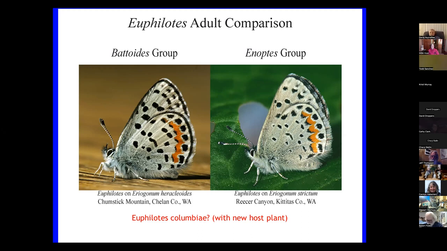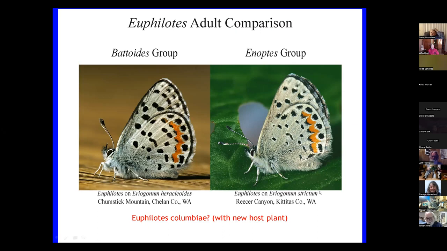And the interesting thing about it is the kinds of plants that the Anoptes group blues use are not present in that area. Those would be things like the northern buckwheat, the tall buckwheat, Eriogonum strictum, Eriogonum nudum. None of them occur in the area where this was. And these Euphilotes rarely go very far from the host plants. So I'm almost certain that this Anoptes group butterfly was using the yellow buckwheat as its host plant.